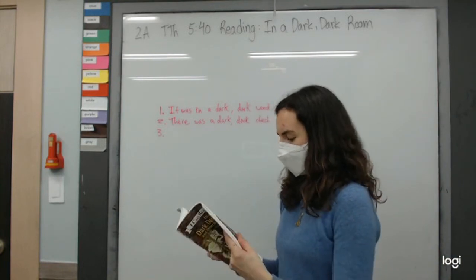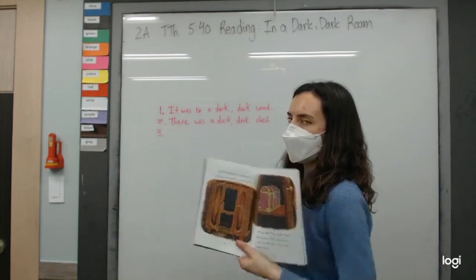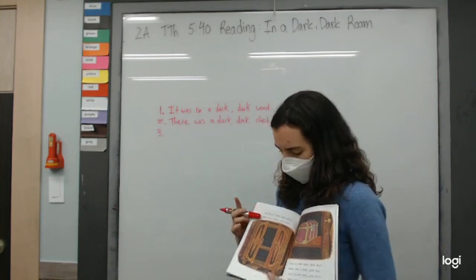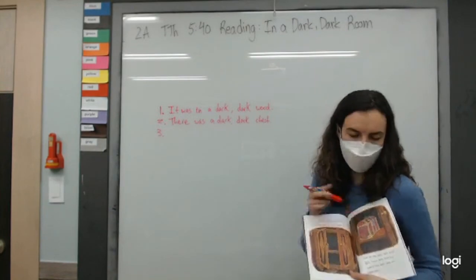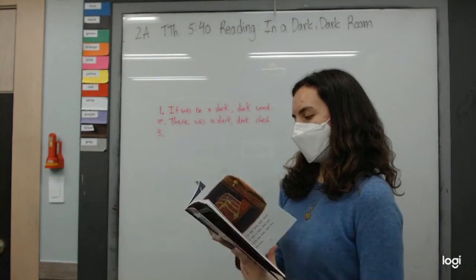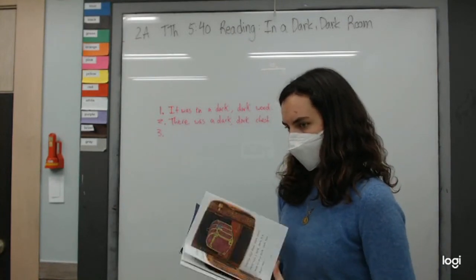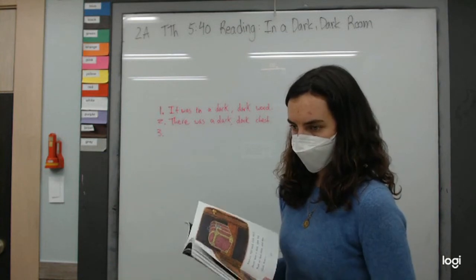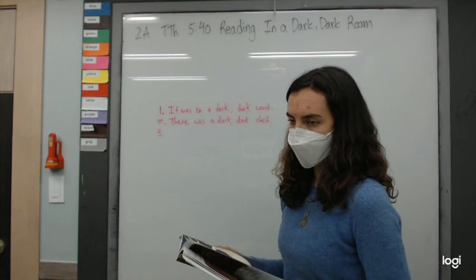Okay. Now, in the dark, dark chest, we have some things. First, we have a dark, dark shelf, and then we have a dark, dark box. What is in the dark, dark box?